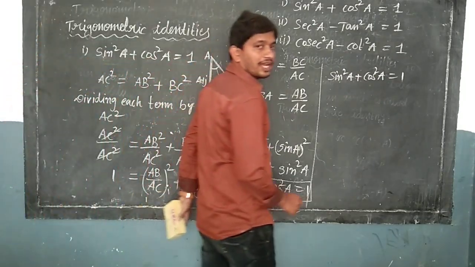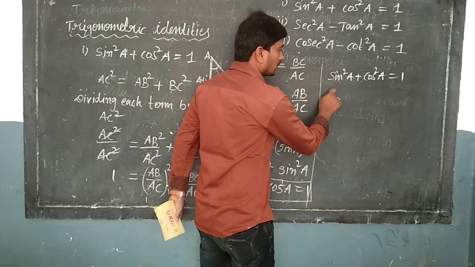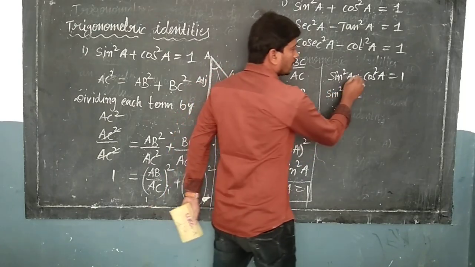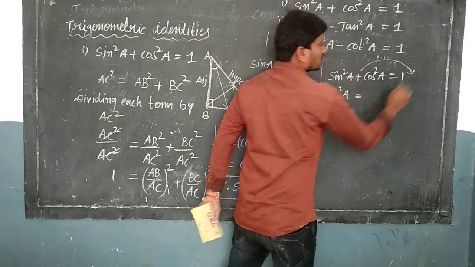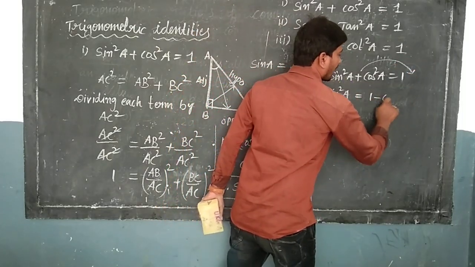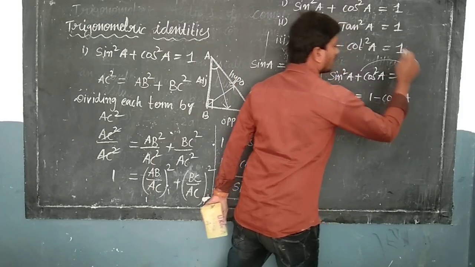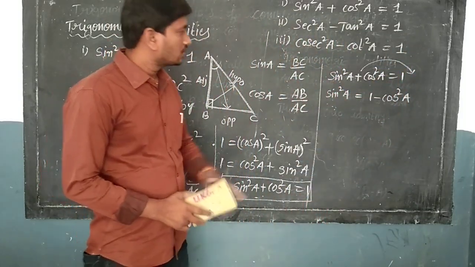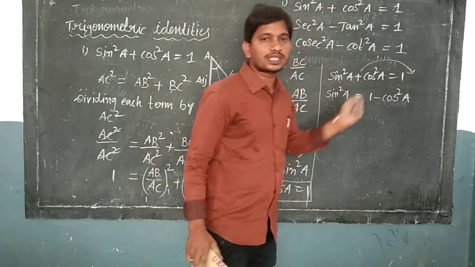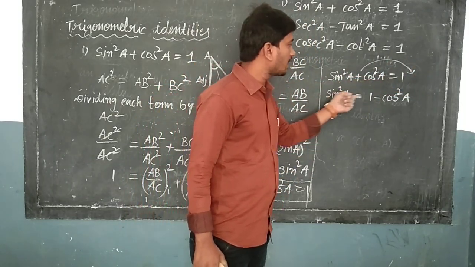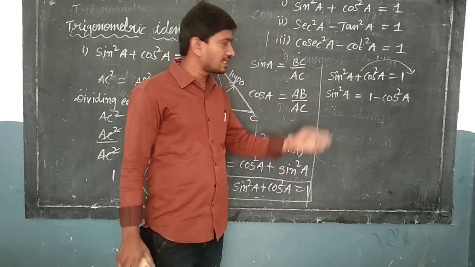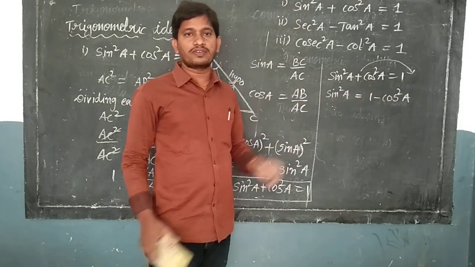Now, if I want to find only sin square A, listen students, only sin square A, what you do, here it is plus cos square A, transpose. I can write sin square A as 1 minus cos square A. Are you understanding students? Here plus cos square A, let me transpose towards the right hand side. So sin square A equal to 1 minus cos square A.